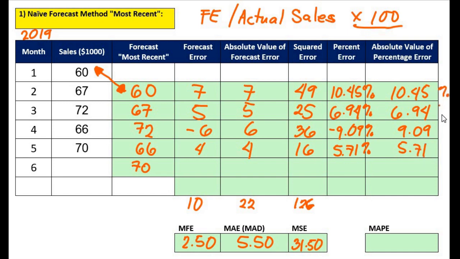These are all in percent. We get the sum, that would be 32.19%. Or should I say the average? We get the sum and then divide it by 4. 32.19 divided by 4, that would be 8.05%.